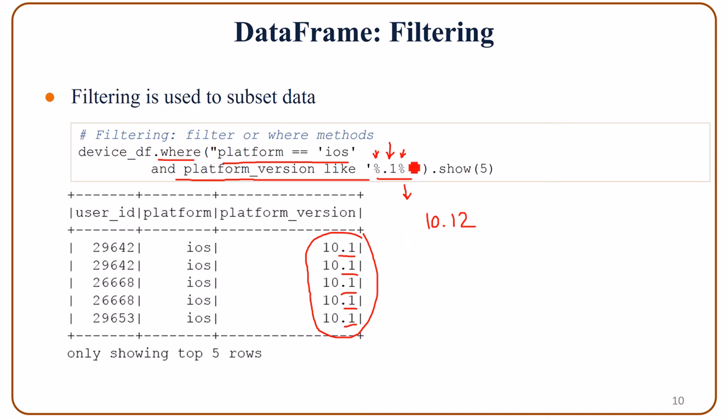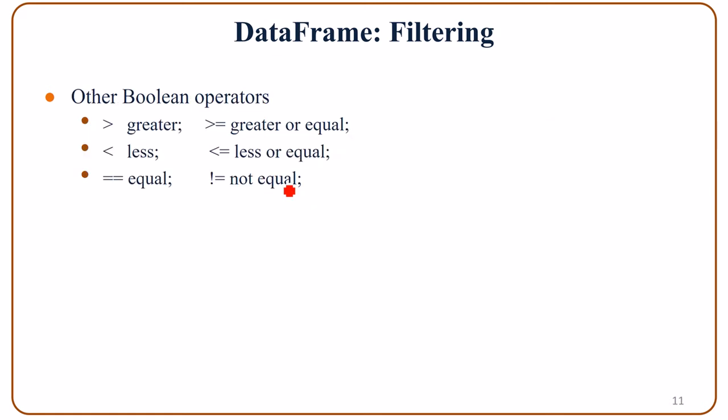If you want to match only 0.1, then you would remove the other percentage side. This slide shows other Boolean operators such as greater or equal, less than or equal, and not equal.